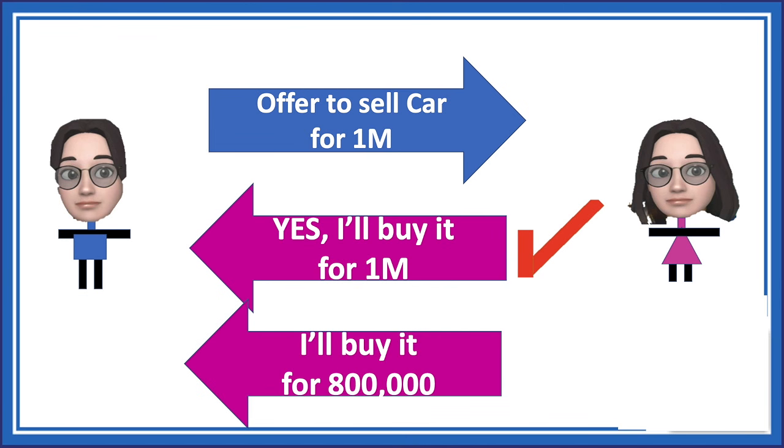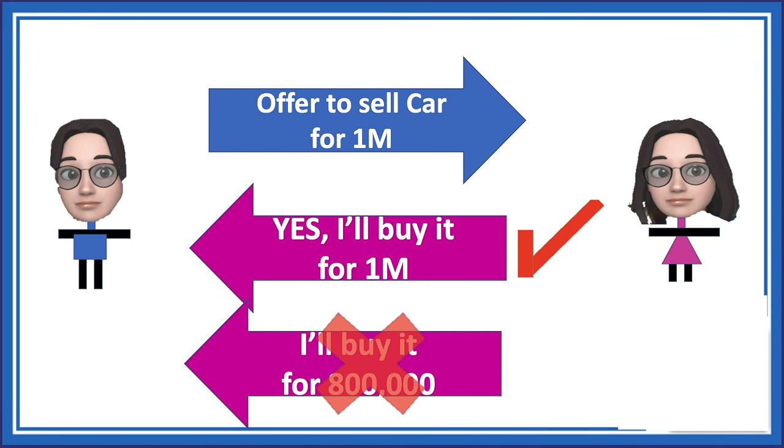Then walang acceptance, di ba? Kasi, nung nag-counter offer, actually, nung sinabi niya, nung may condition, di ba, na 800,000 pesos lang, that is actually a counter offer. And so, it's good like as if na-reject mo yung offer. It's a rejection of the original offer.